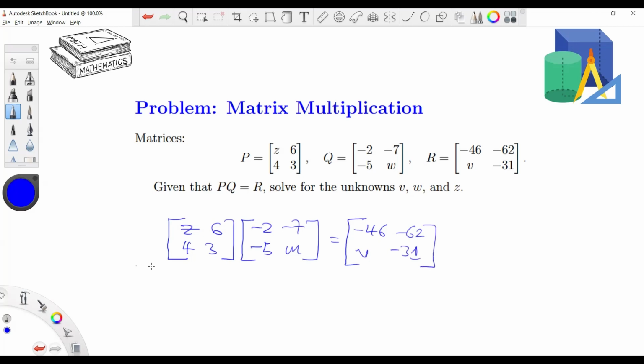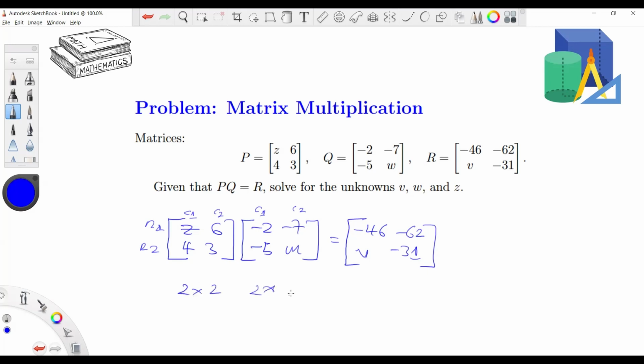Now something you want to keep in mind in multiplying matrices is that the number of columns in the first matrix has to be equal to the number of rows in the second. So this is column 1, this is column 2, here again column 1, column 2, and these are the rows, row 1, row 2. Here we have a 2 by 2 matrix, P. It has 2 rows and 2 columns.